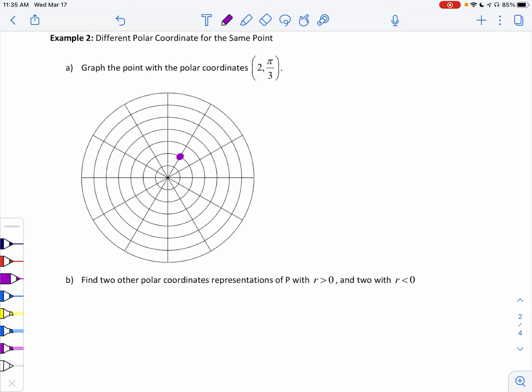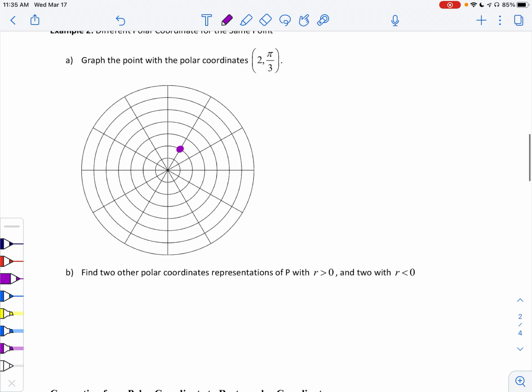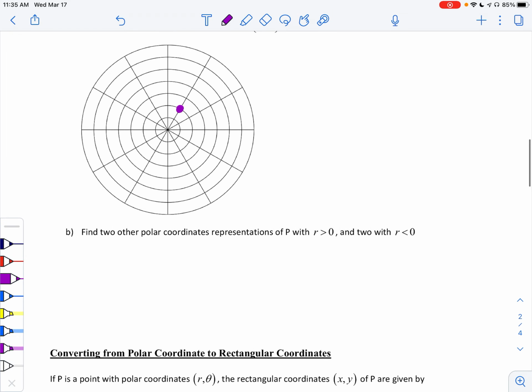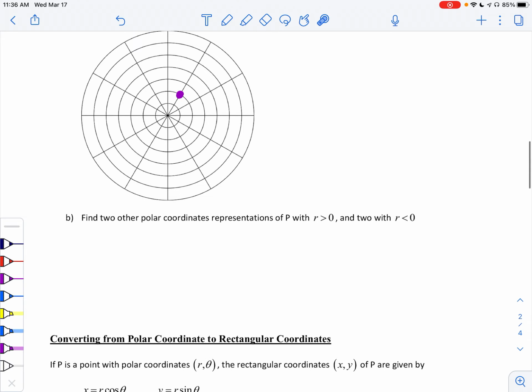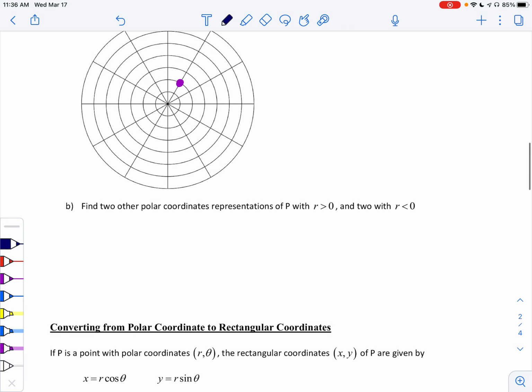All right, so we're going to find four different ways that we can write this exact same point using either a different radius or a different angle. What I want to do is find two other ways to write our polar coordinates with a positive radius, and two other ways to write our polar coordinates with a negative radius. So let's go ahead and start with the positive radius.